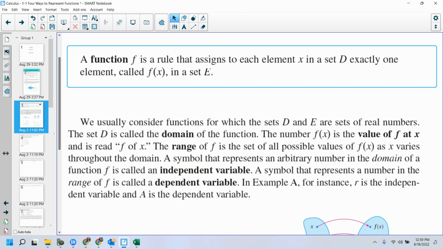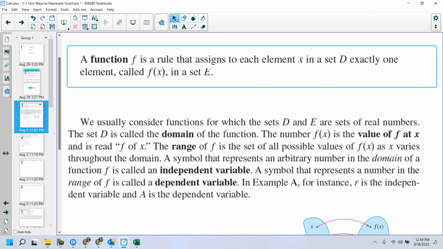We could also talk about it when we work with word problems as independent versus dependent variables. Independent variable is always going to be my x value, my inputs. Dependent variable is always going to be my y value, what I get out. The independent variable is going to change. The dependent variable is caused to change by the independent variable.